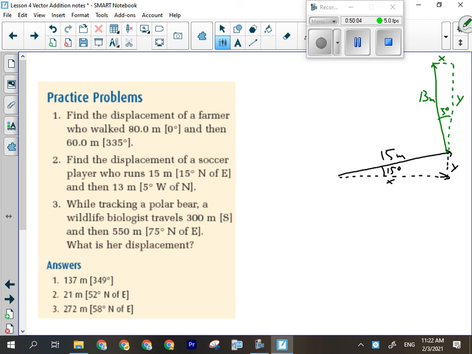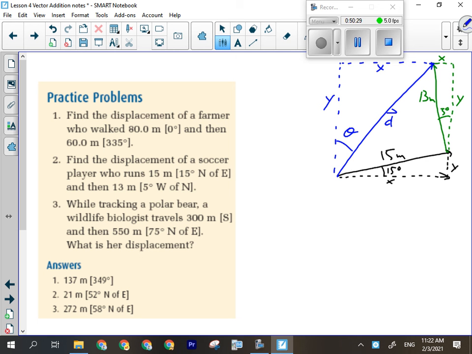All right, that means that my resultant goes here. So that'll be my overall displacement. This will be its vector, x and y. So your diagram should look something like that.